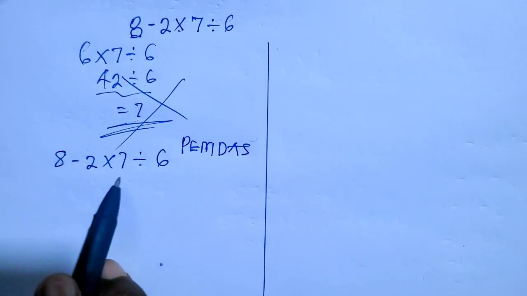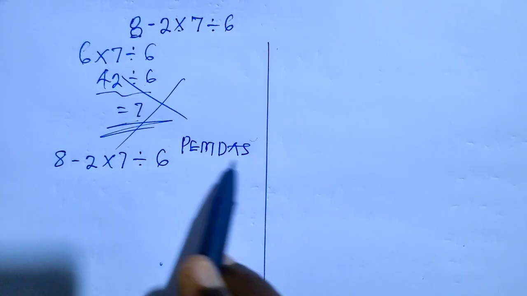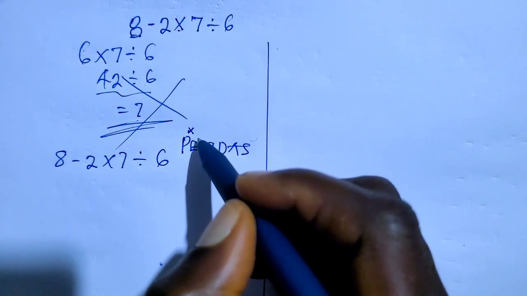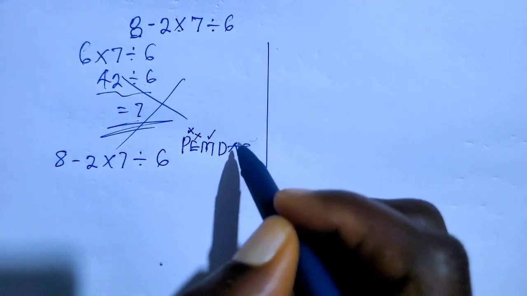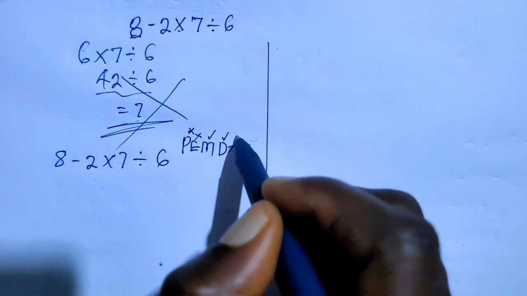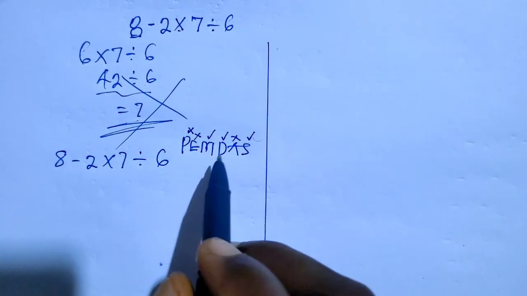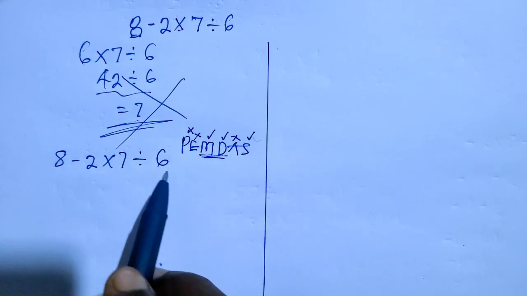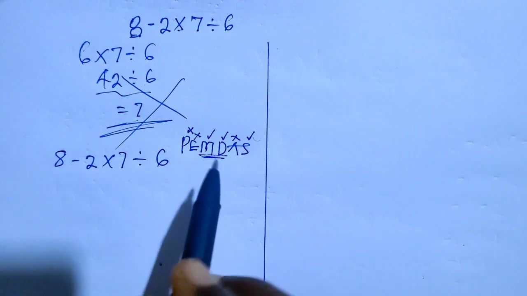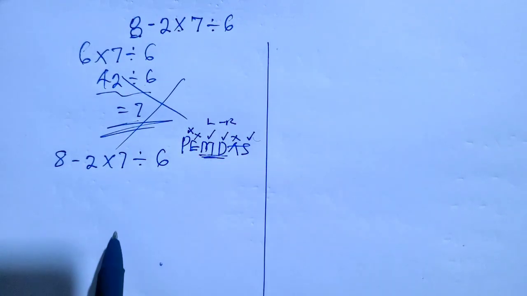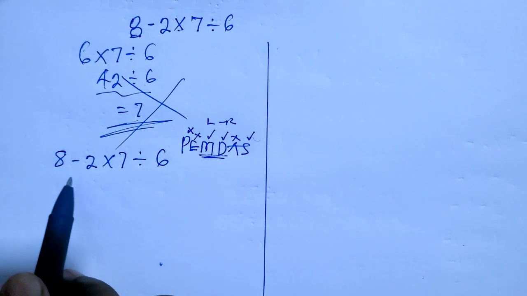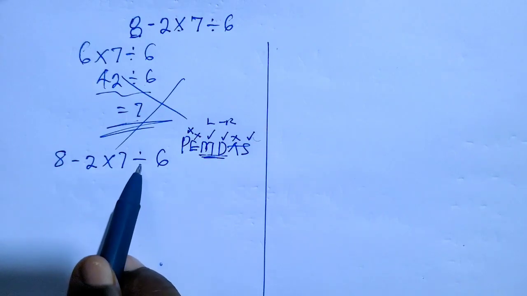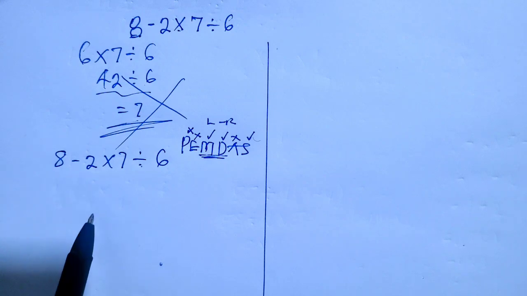Now, going through this expression, we don't have parentheses, we don't have exponents, we have multiplication, we have division, we don't have addition, we have subtraction. Note that here, multiplication and division have the same precedence, and the operation goes from left to right. Therefore, in this expression, multiplication is of higher priority than division and subtraction.